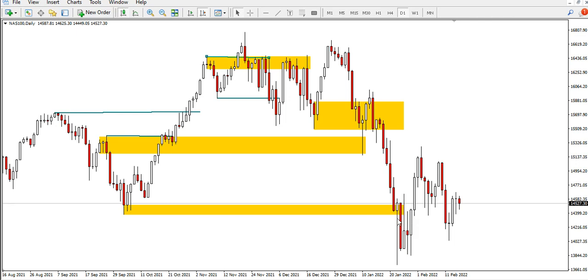So price came to it exactly with this first candle here. Instead of us buying, price broke this low as well. So what do we then do? We have to wait for price to come into this very same order block, and then we sell from there. As you can see, we now have this bearish candle that started just a little bit above this wick here, so it was a sell.